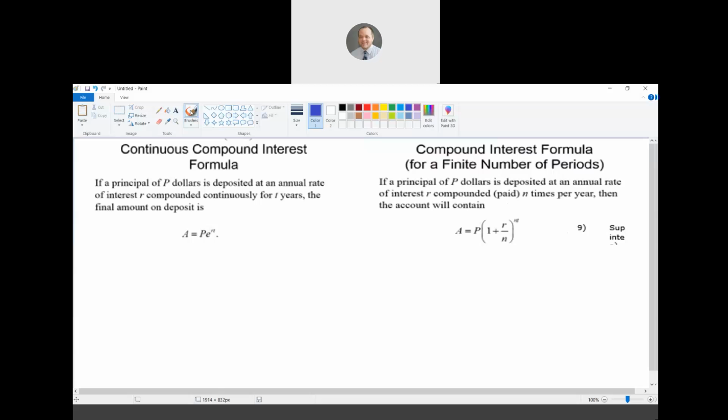Okay, let me explain both formulas. You use the left formula, and it's hard to read, I'm sorry. That should be A equal to P e raised to the r times t power.